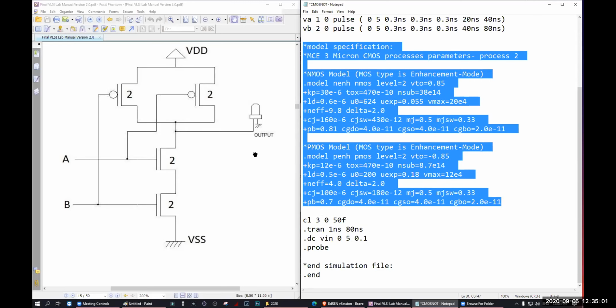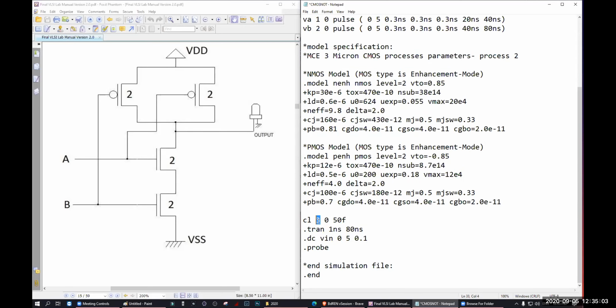Now our capacitor is connected where? This was, we somehow deleted that. This was our 4. Yes, capacitor was 4. So we will give 4, and it will be 50 femtofarad. Sorry, not pico, femtofarad. And our transient analysis will be 1 nanosecond, and highest it will be 80.